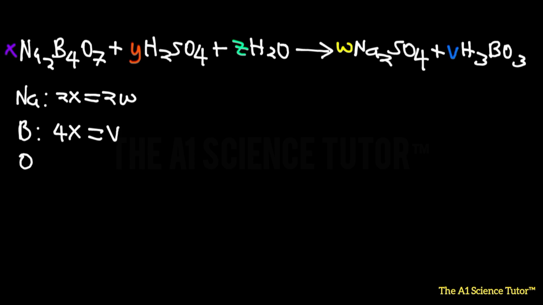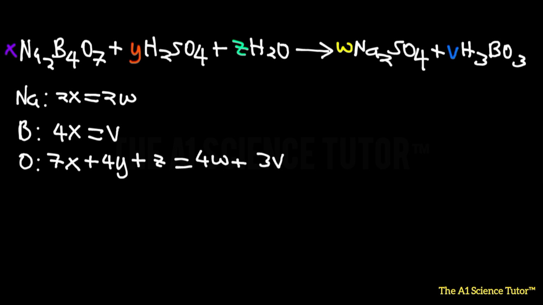Now next up, we have oxygen. So for the first molecule, you have 7 atoms of oxygen. Multiplied by X, that gives you 7X. And then for the second molecule, you have 4 atoms of oxygen multiplied by Y. That gives you 4Y. And then you have 1 atom there multiplied by Z, so that will be a Z. And this will be equal to 4W plus 3V.